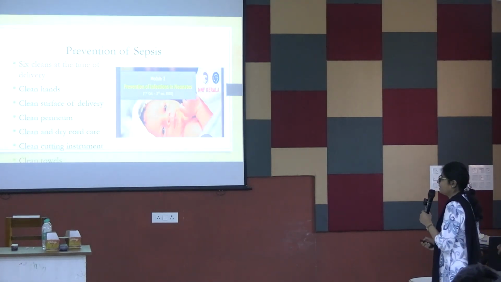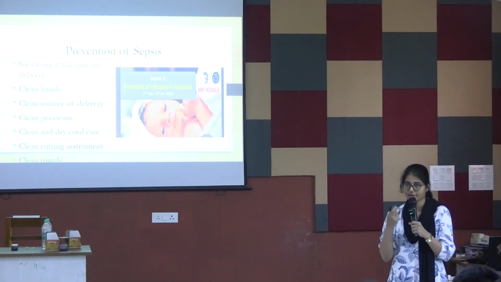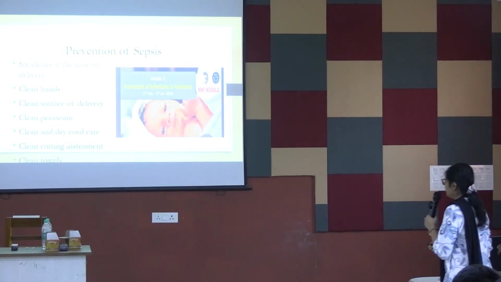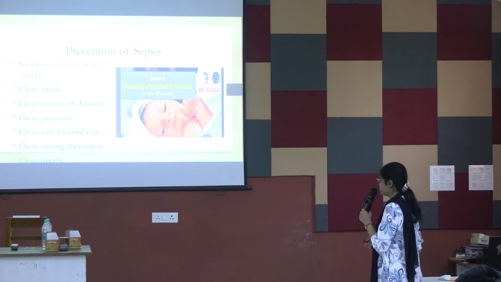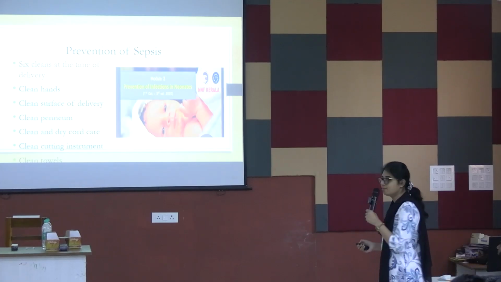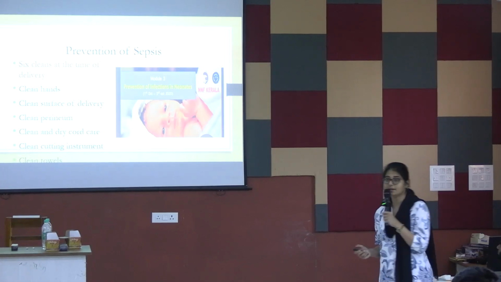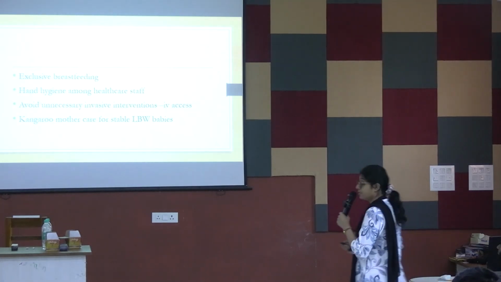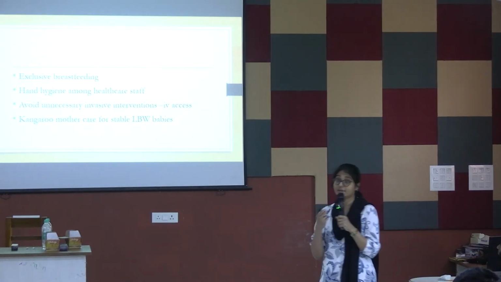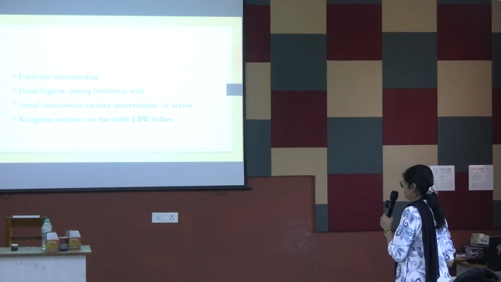Now, how will you prevent neonatal sepsis? Six cleans, you have learned about it in community medicine also. Six cleans at the time of delivery: clean hands, clean surface of delivery, clean perineum, clean and dry cord care, clean cutting instrument and clean towels. Exclusive breastfeeding, very important because breastfeeding has protective factors, immunoglobulins.